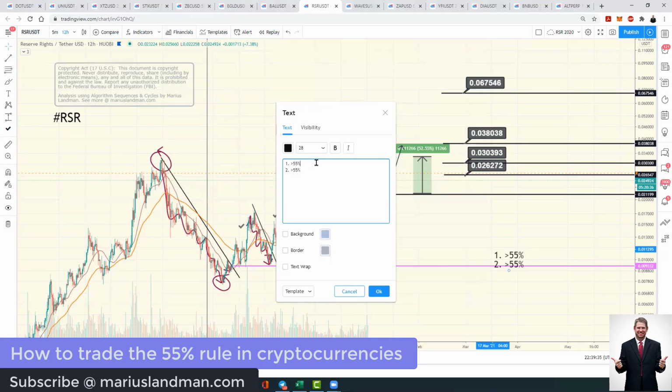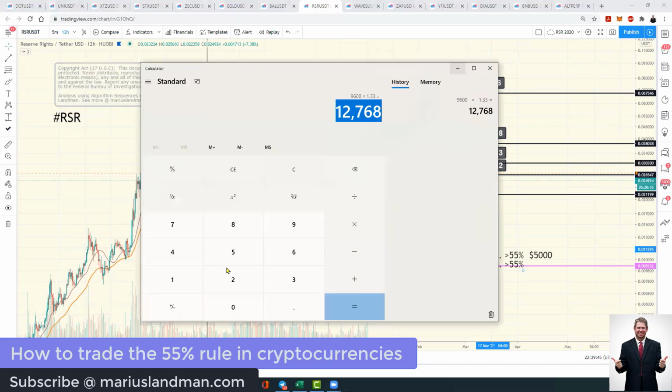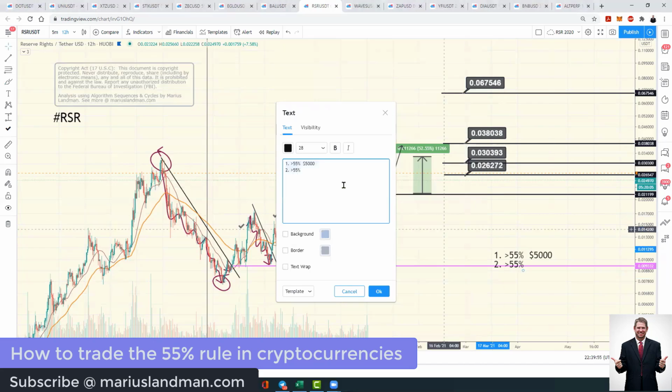So let's assume that you traded with $5,000. Now you're up 55%. Let's have a look. If you take 5,000 plus 55%, you now start with 7,750.